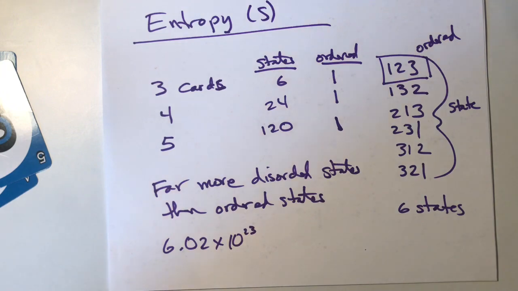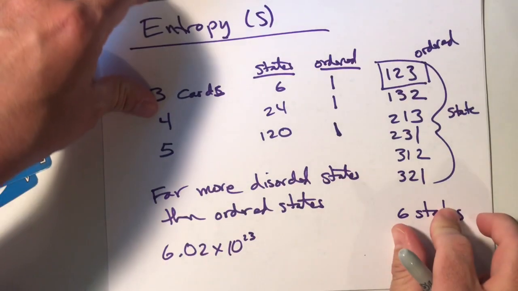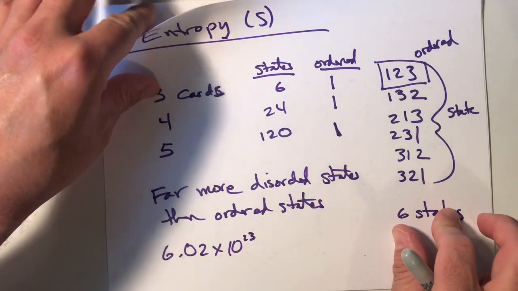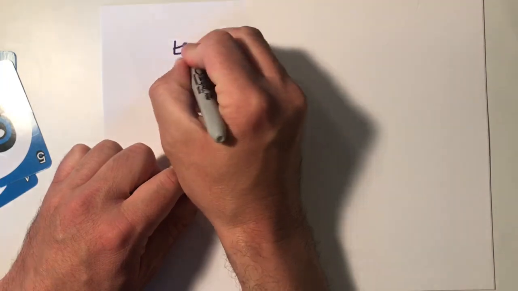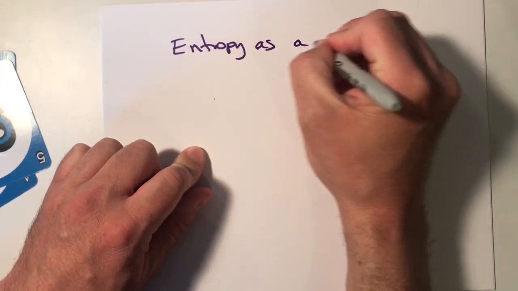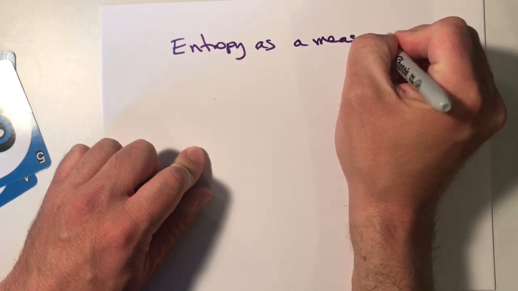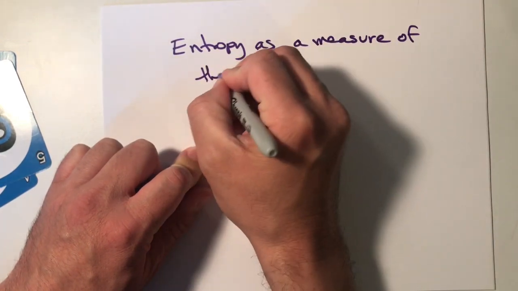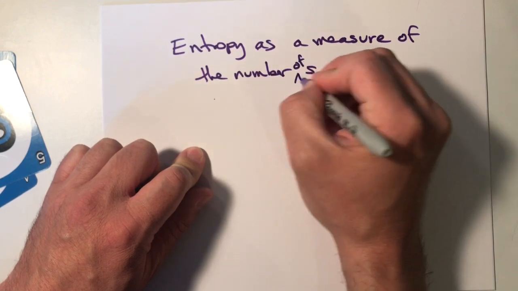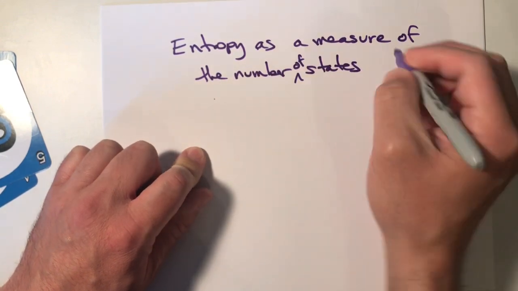In order to deal with this fact, we're going to define a function called entropy. And the exact definition of it is not that important, but we're going to define entropy as a measure of the number of states in a system.